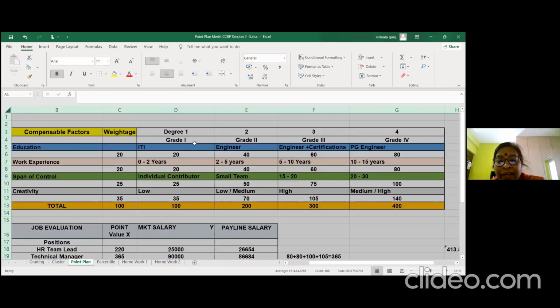So rather than grade 1, grade 2, grade 3, we are going to have degrees, which are typically called degrees of differentiation. Now, what are these degrees of differentiation?